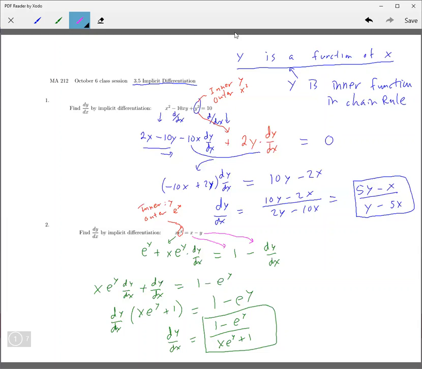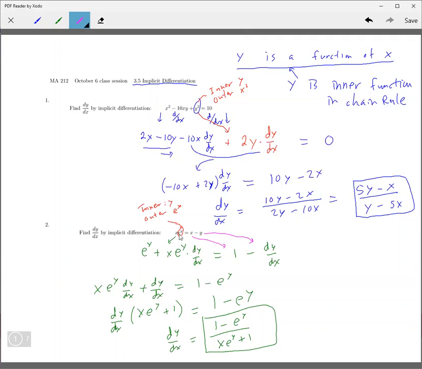Yeah. All derivatives are taken with respect to x. And if there are any y's in there, the y is treated as if it's just an unknown function of x, assuming that you can take its derivative, but that we don't know exactly what that derivative is. We find it out in these terms at the end.